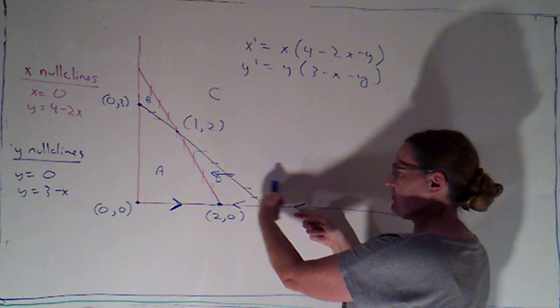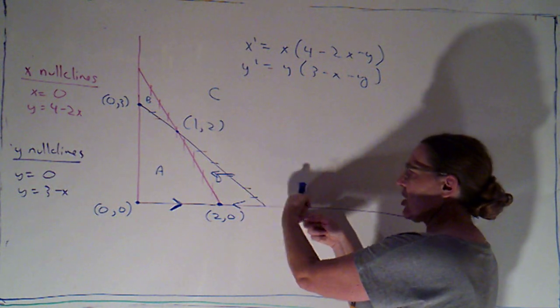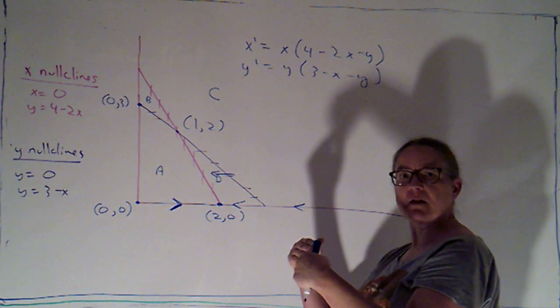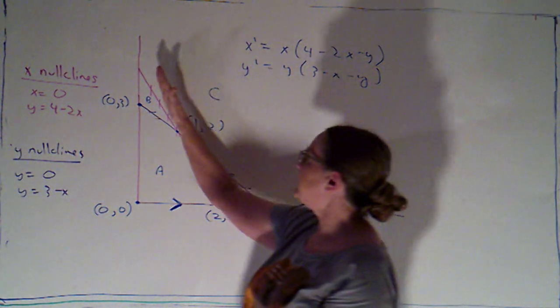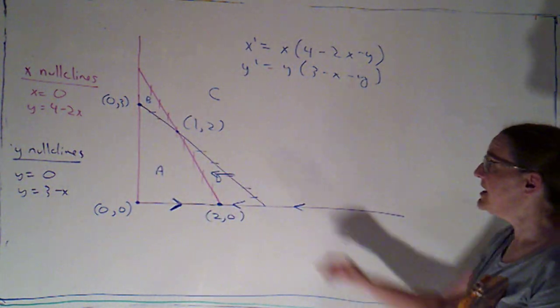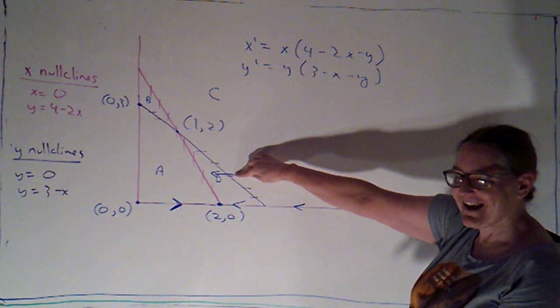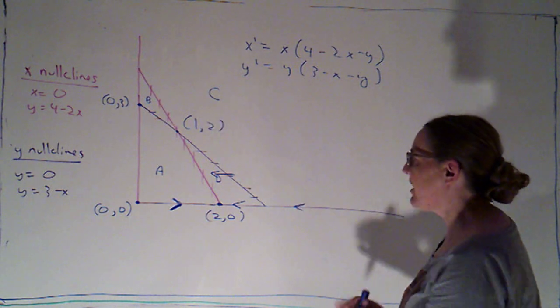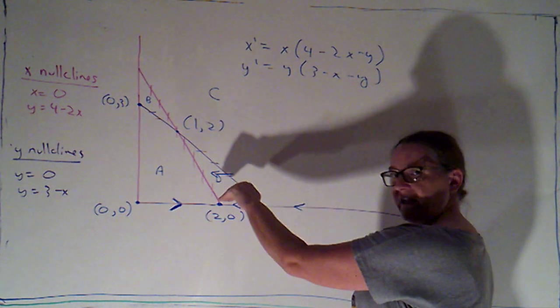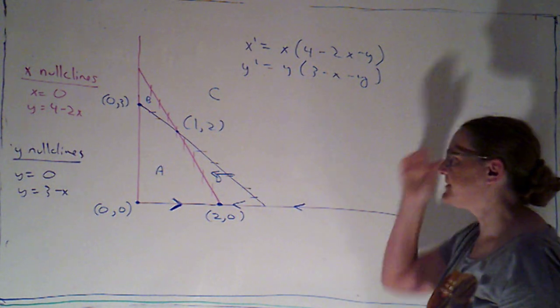I couldn't have something that was going to the right arbitrarily close to something that was going to the left unless I had a turning point somewhere in there, but my only turning points are on the x nullclines and I don't have one of them. So I don't even have to pick a test point on this part of the line. It's connected to two things where we're going to the left, so it's going to have to go to the left as well.